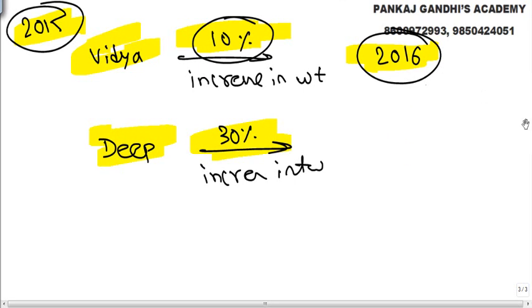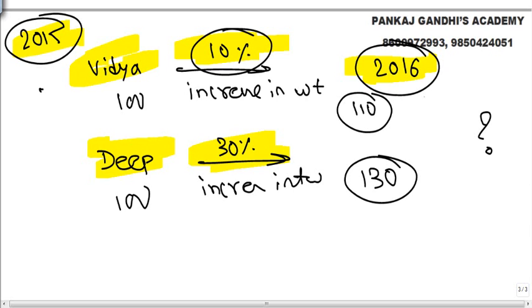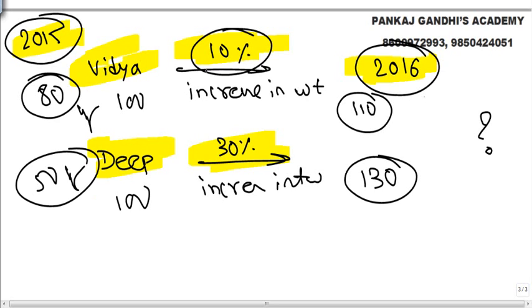Obviously, we cannot say who is more in 2016. If both started at same, Vidya 110, Deepika 130. But if Vidya had 80 kgs and Deepika had 50 kgs, so अभी भी कौन? So it depends on starting base who will be more.